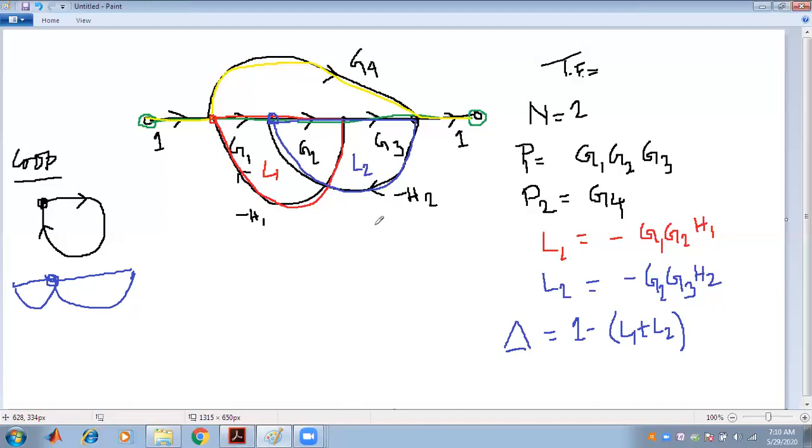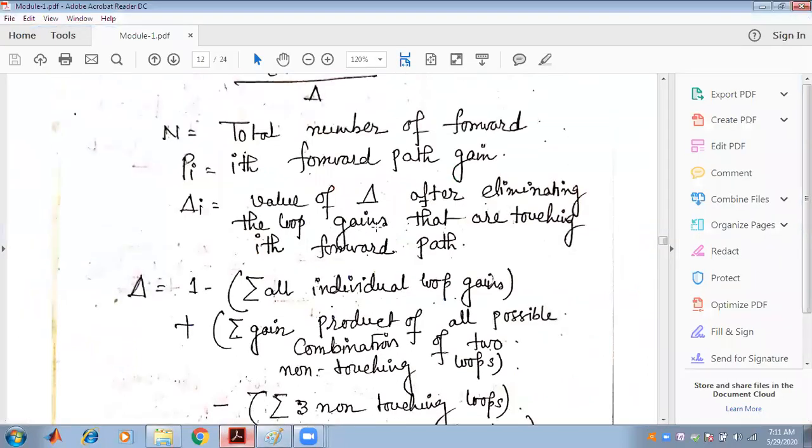So what is the value of del 1? Del i is the value of del after eliminating the loop gains that are touching the ith forward path. For del 1, it is the value of del after eliminating all the loop gains touching the first forward path.